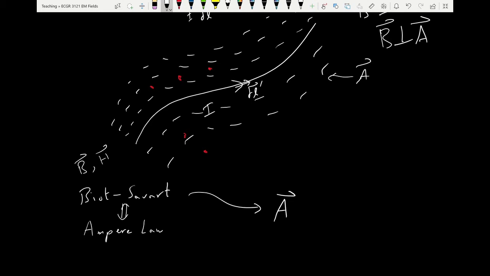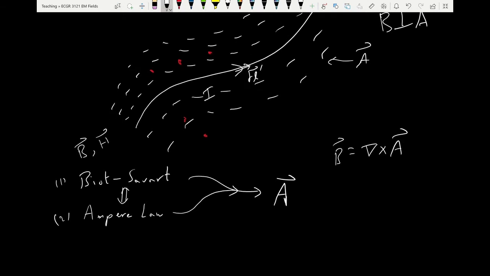If those laws are equivalent, starting from law 1 or law 2, we should arrive at the same A. So I want to next prove that we do arrive at the same A, and use this to prove to you that the Biot-Savart law and Ampere's law are equivalent laws when it comes to finding the magnetic field, because they generate the same A vector, and we know that the B field is just the curl of A. So if regardless of where we start, we get to the same A vector, that means the two laws are equivalent. We started with the Biot-Savart law and we got an expression for A.